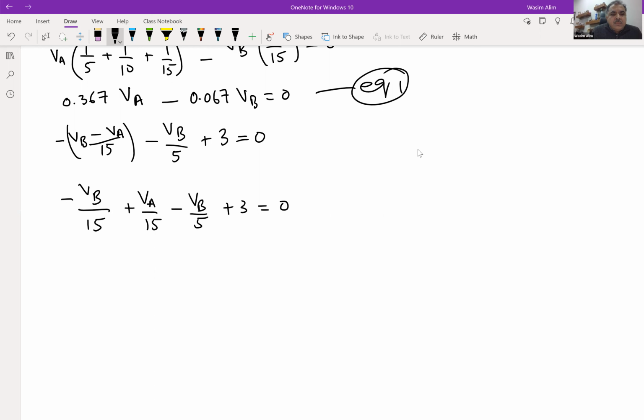So now from this point on, I can combine these two, and I will have minus, I'm just combining the first and third term right now. I took minus V sub B common from it, so both the terms that are left are positive.